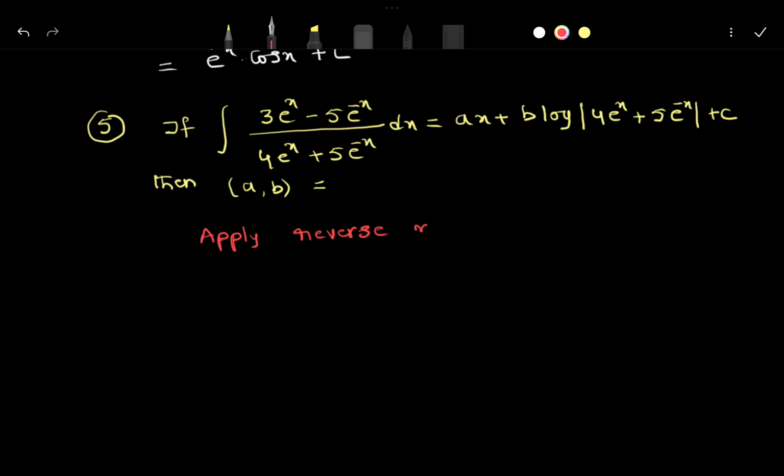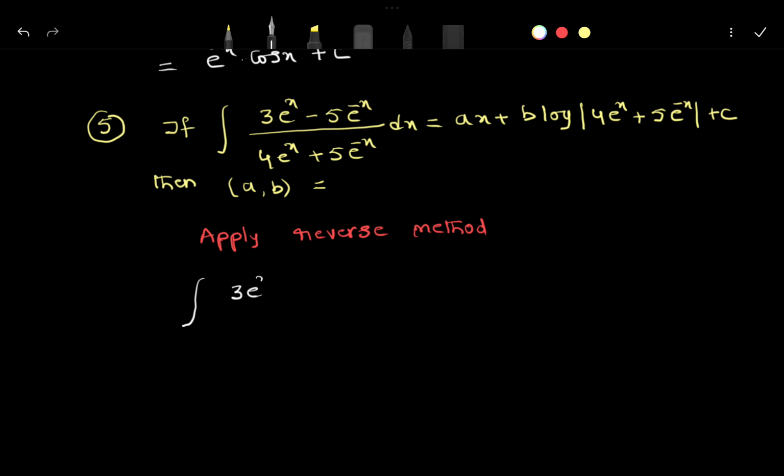So what is the reverse method? Here you have to find the integration, but the reverse of integration is differentiation. So now I will differentiate on both sides. First of all, what is the given expression?